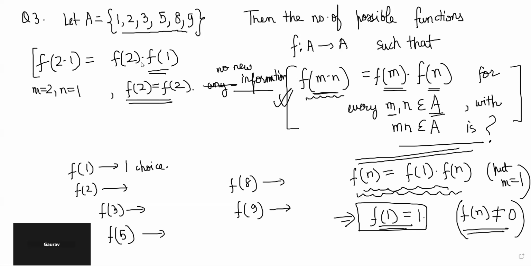Is there any other way to make a 2 as a product of two integers? No. The only way to make a 2 here is by using 1 and 2. So from here we are getting nothing. We are getting f of 2 is equal to f of 2, which means f of 2 can take any value.